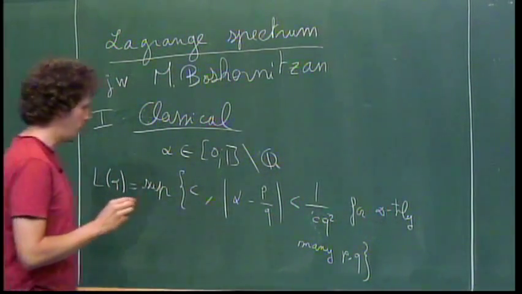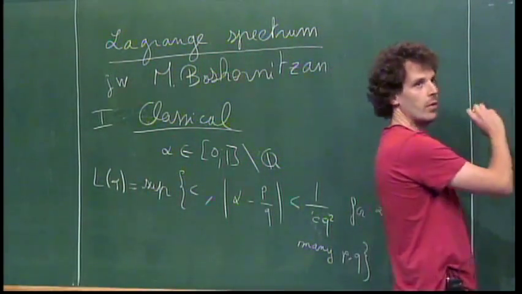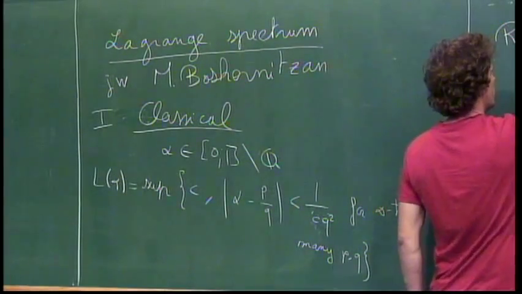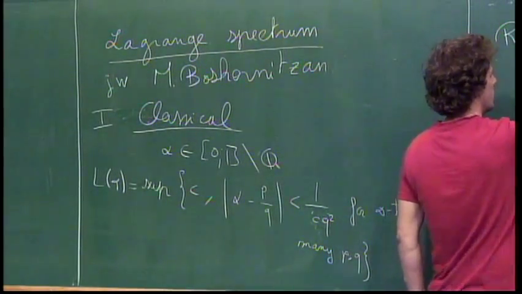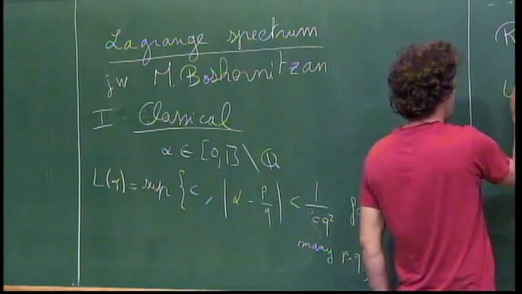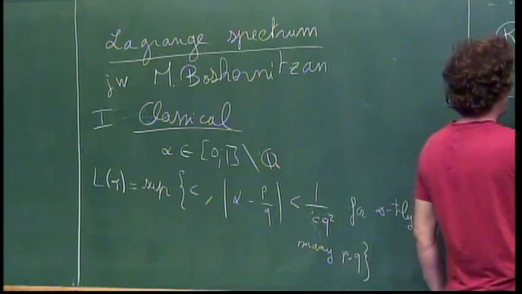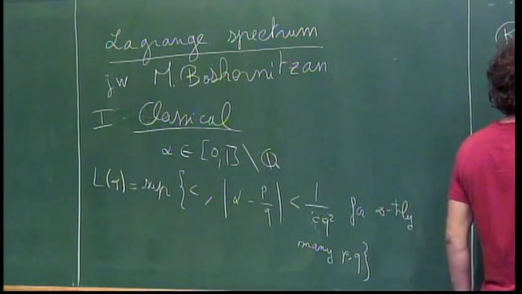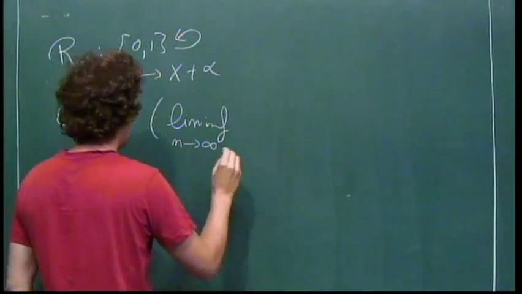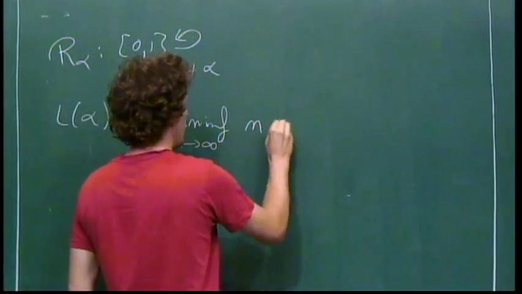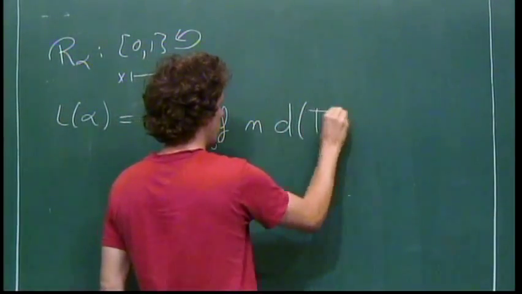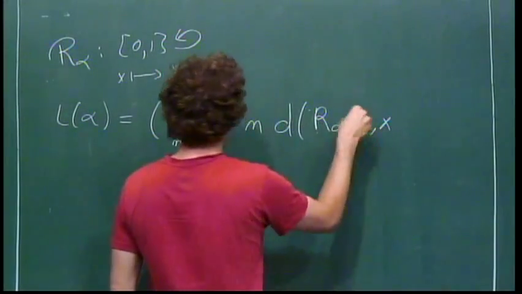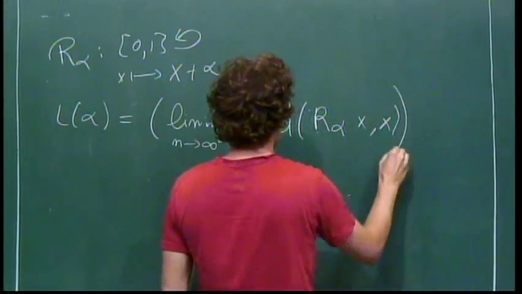And a more dynamical version is: you consider the rotation by alpha from 0, 1 to itself, so just x goes to x plus alpha. And L alpha can also be taken as the inverse of the limit, as n goes to infinity, of n multiplied by the distance between R alpha to the n of x and x, for any point x because it's an isometry.